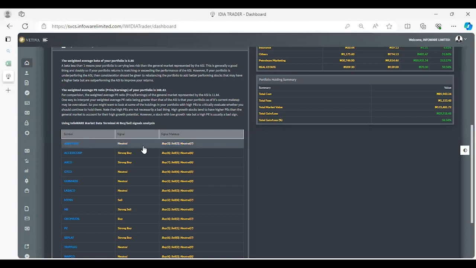So first thing first is to look at each stock that you have, and it takes what we call a vote. It's a democratic way of assessing a stock, right? There are signals, technical indicators, a whole lot of them, but the key technical indicators are picked.